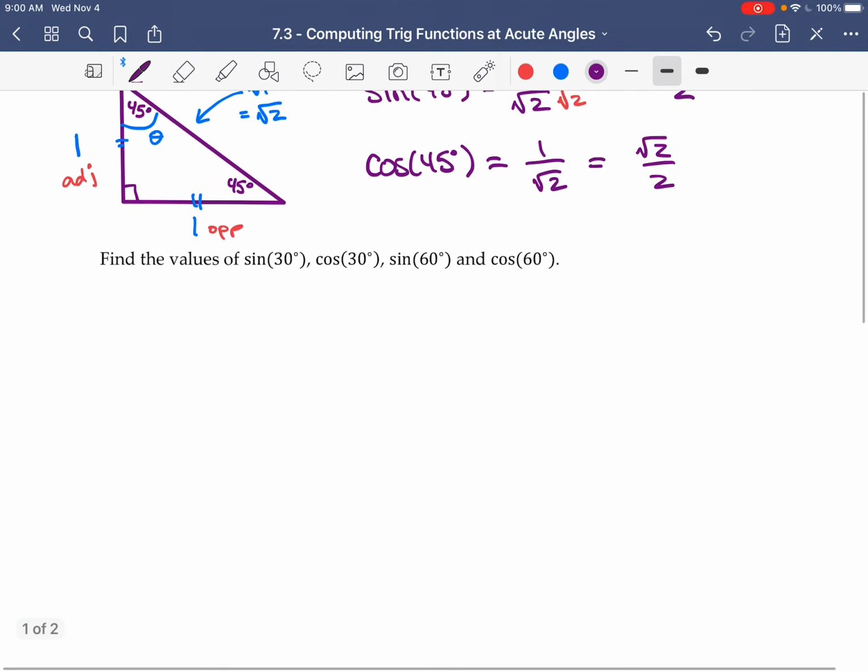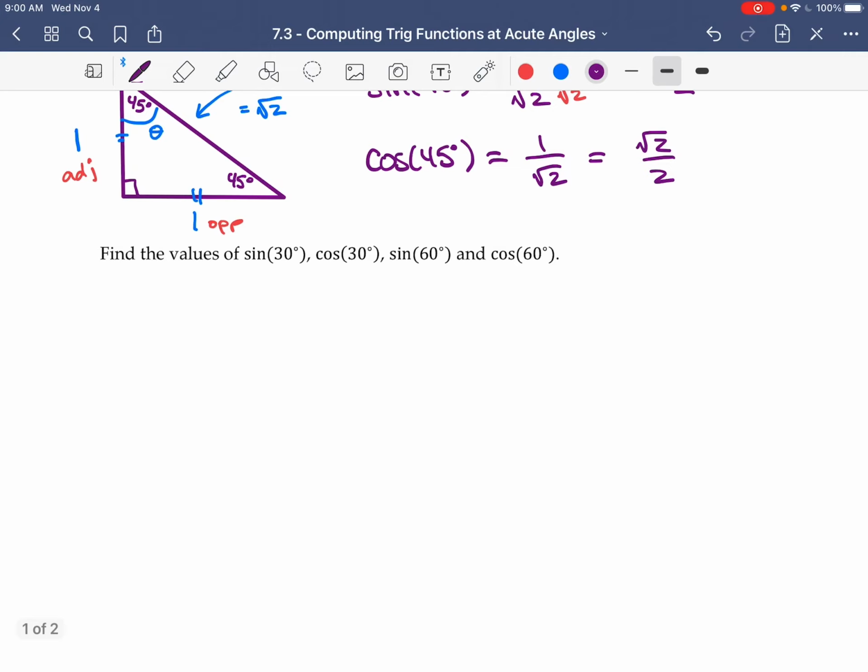Other special angles are 30 and 60, and they sort of go hand in hand. If you have a 30, 60, 90 triangle, it might look something like that. So here's my right angle. This is my 60-degree angle, and this one up here is the 30.